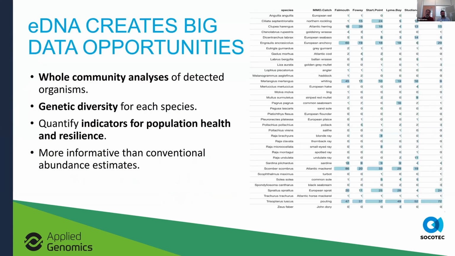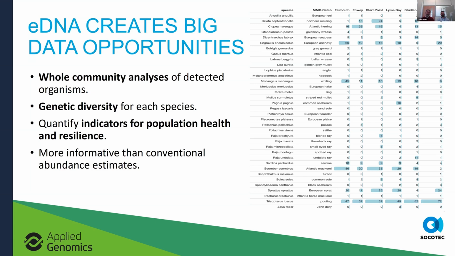The data that comes out of it is very interesting in the sense that we can get right down to species level in a lot of cases. And when we do, we're able to provide a quantification for the species that we've found, not the catch and count that you would typically get from your traditional monitoring methods, but a quantification of the genetic diversity that we find for each population that was detected.